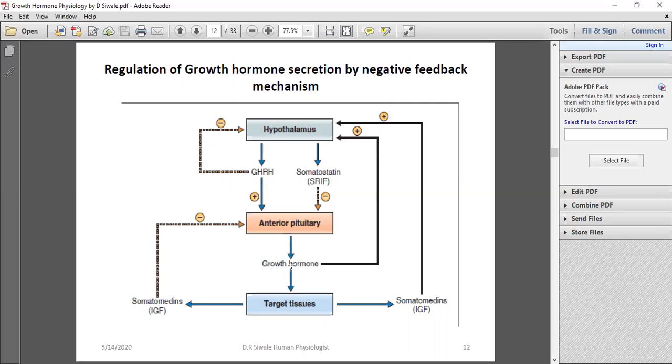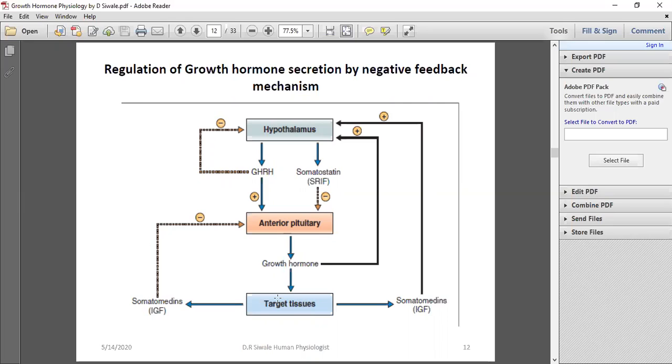Growth hormone is going to perform its various actions. It has anti-insulin properties. It prevents absorption of glucose, so growth hormone leads to an increase in blood glucose.